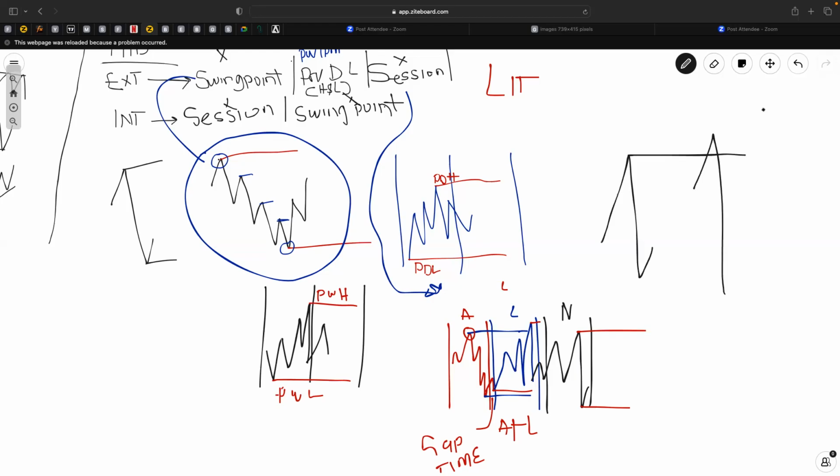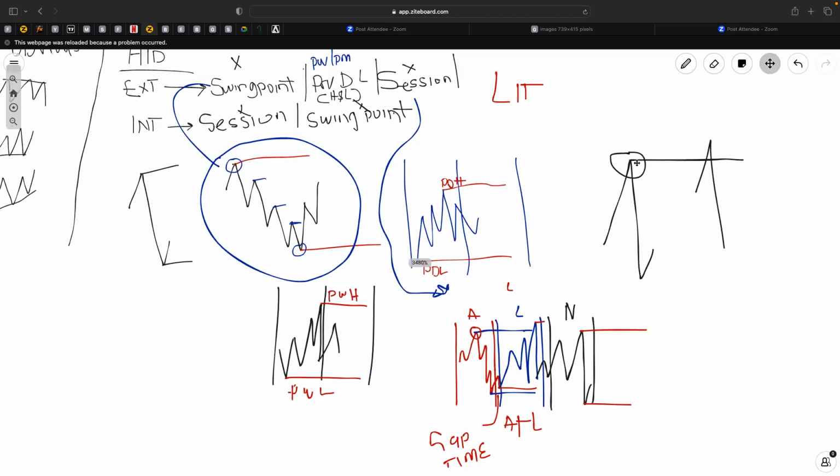No, it is not necessary. The purpose of liquidity is to be grabbed. It is not to cause reversal. But there are certain scenarios whereby that liquidity would require the market to reverse. That is, if that liquidity is an inducement liquidity.